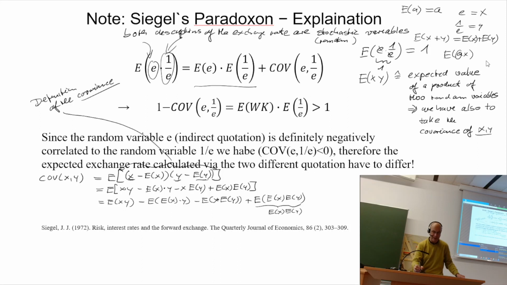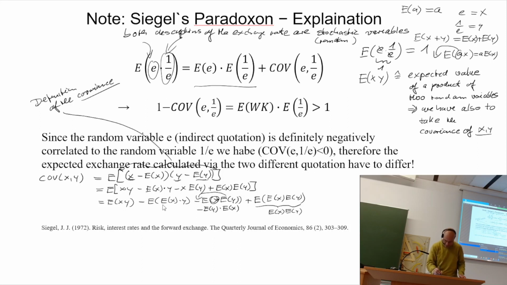If this is just a parameter, this we can keep out of the expectation operator. So this is a of E of x. Well, and if we could take this in front, then of course we have E of y times E of x.